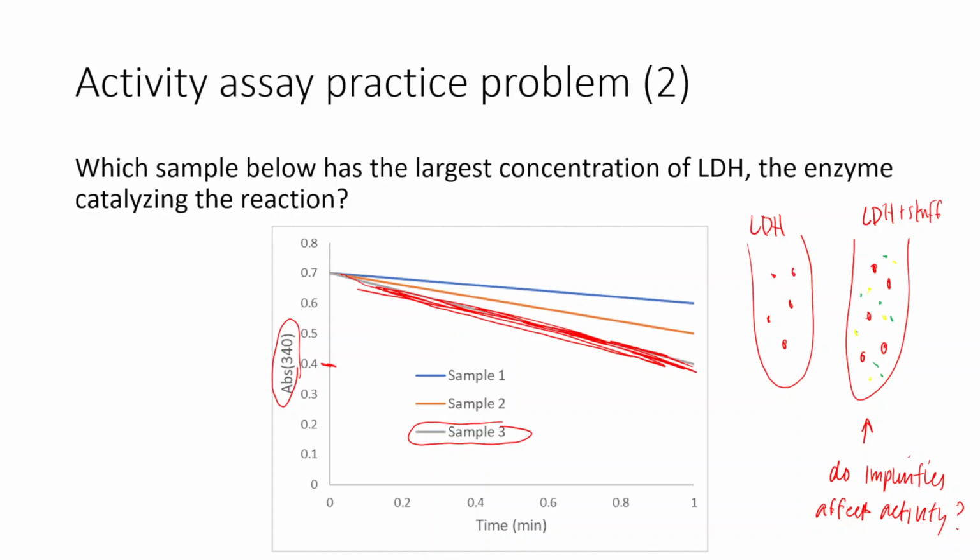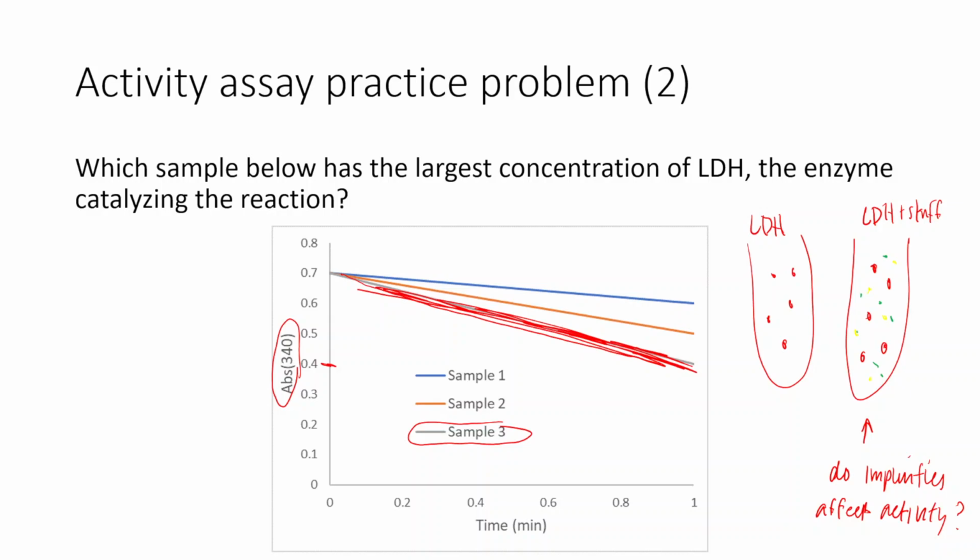So it won't affect the activity assay. But if you had a mixture of LDH and some protein that, for whatever reason, stops LDH from eating up NADH, that would be a problem, right? That would cause it to consume NADH slower, and so it would give you an appearance of having less LDH in your sample than you actually have.